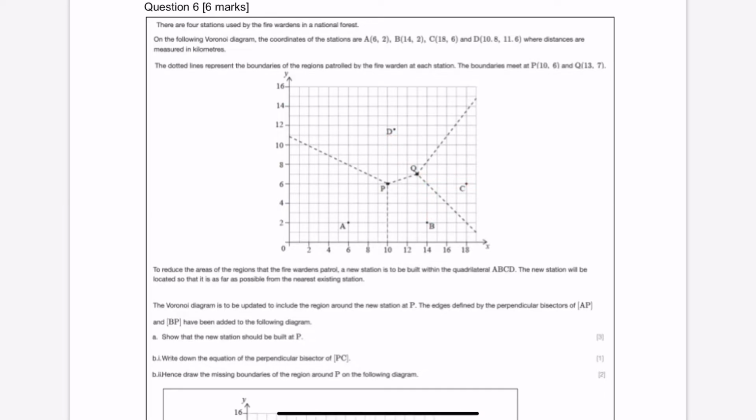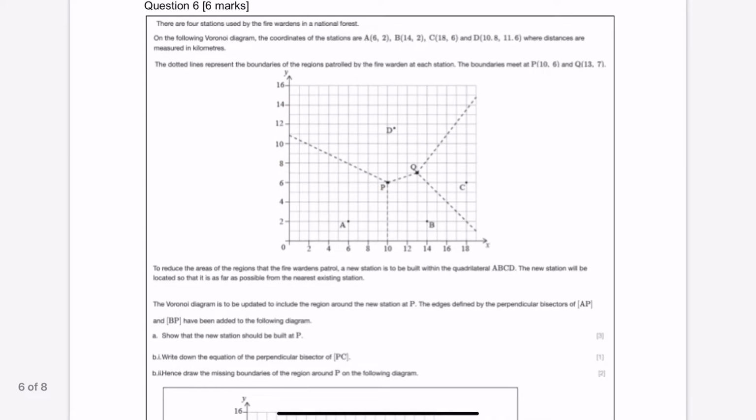So the distance formula is in the formula book, and it's the square root of y2 minus y1 squared plus x2 minus x1 squared. So it's basically Pythagoras that you're doing. So you could take B. B is a nice coordinate, if you like. It's 14 and 2, whereas D isn't quite as nice to work with. So we might want to take B.